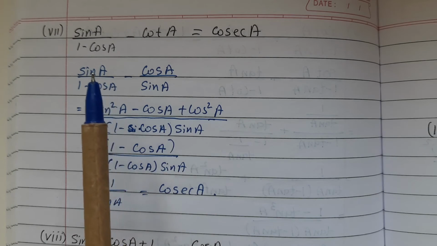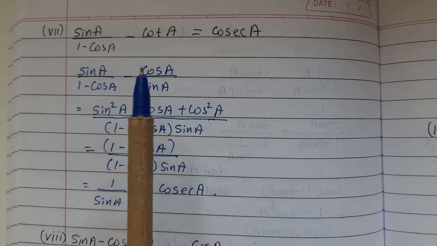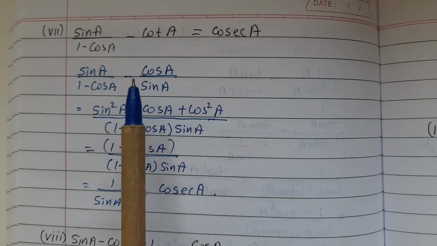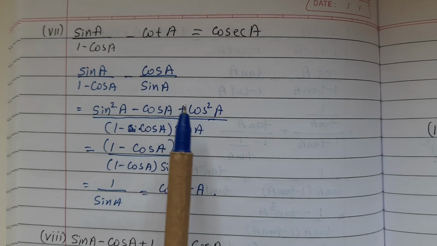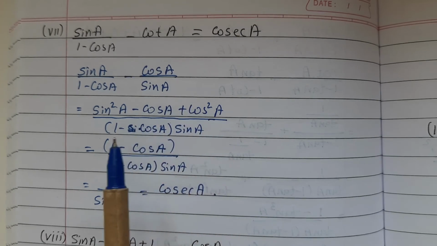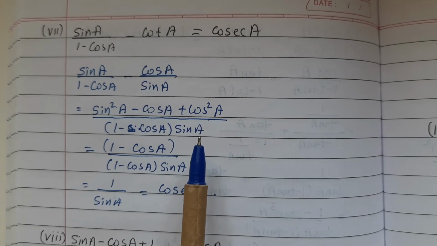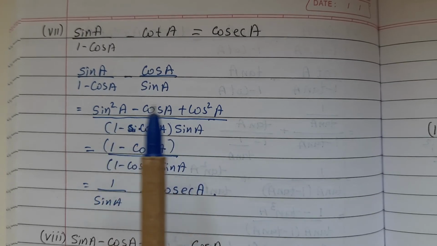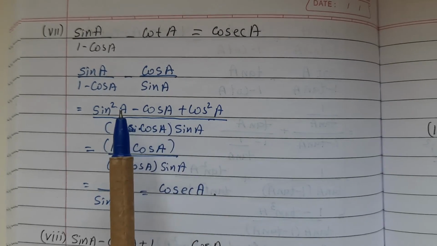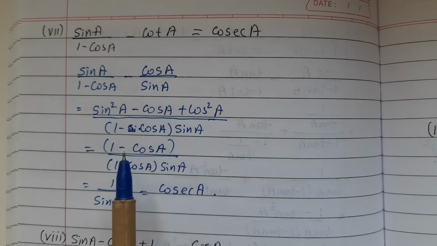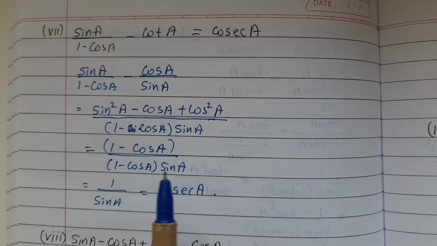We get sin square a minus cos a into minus, plus cos square a, upon 1 minus cos a into sin a. Sin square a plus cos square a is 1, so 1 minus cos a upon 1 minus cos a into sin a. 1 minus cos a cancel each other, equal to 1 upon sin a, which is equal to cosec a, equal to right hand side.